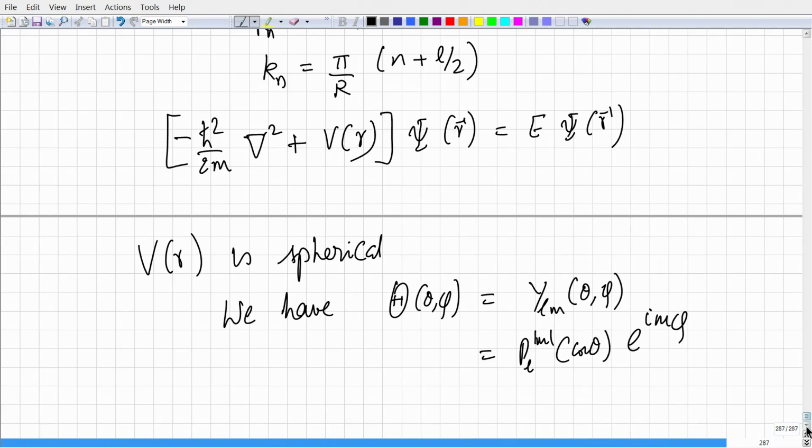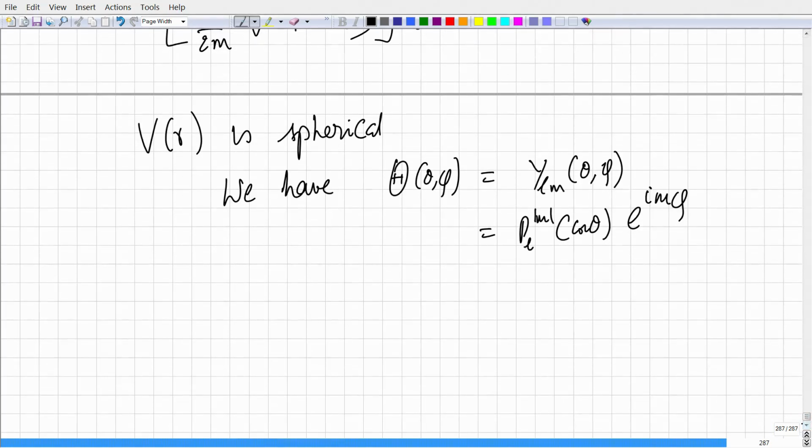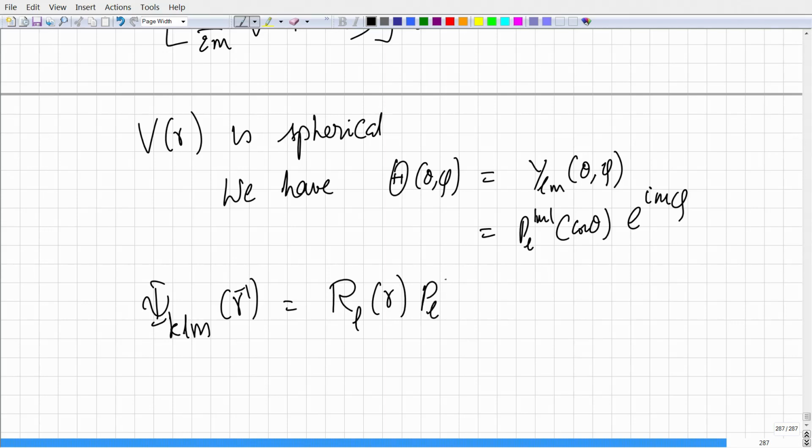But what happens to the radial part? The radial part will have a phase shift. So, we can now write psi_kLM(r) as some R_L(r) times P_L^m(cosine theta) e to the i m phi, and R_Lk(r) will have a form almost like before, but phase shifted.